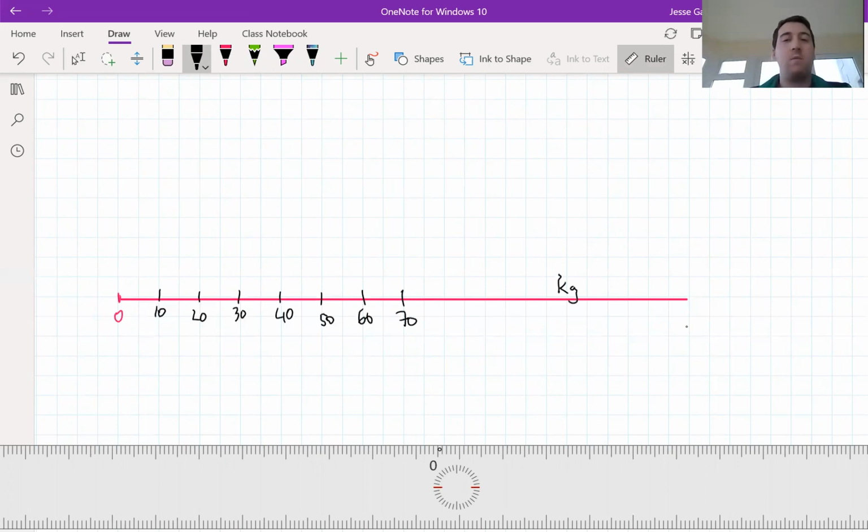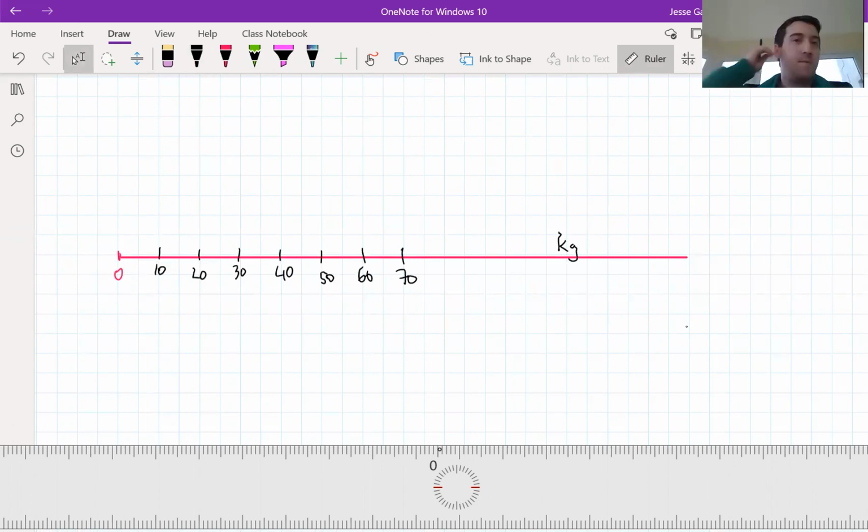So it's on a piece of equipment that measures kilograms. Now, the first thing we need to do is find out what is the gap, how much does it go up by, and then find out what each square is worth. And when we do that, then it might allow us to figure out what is this here, question mark.